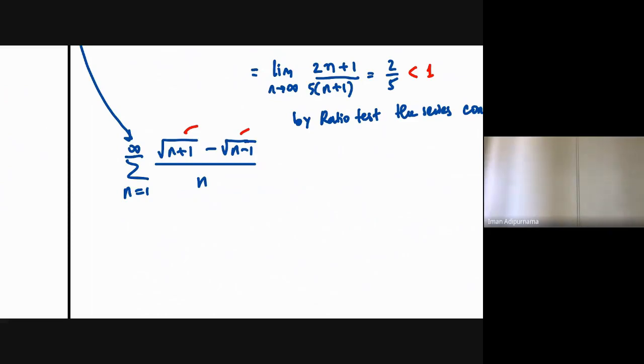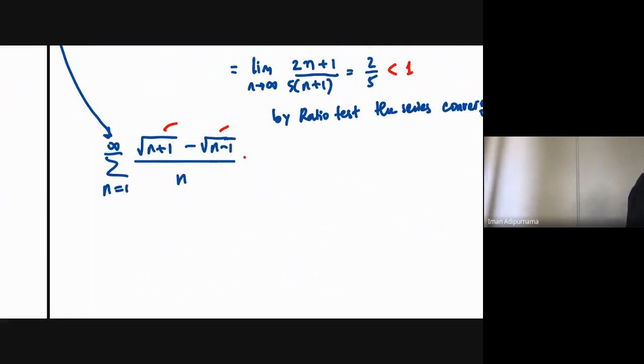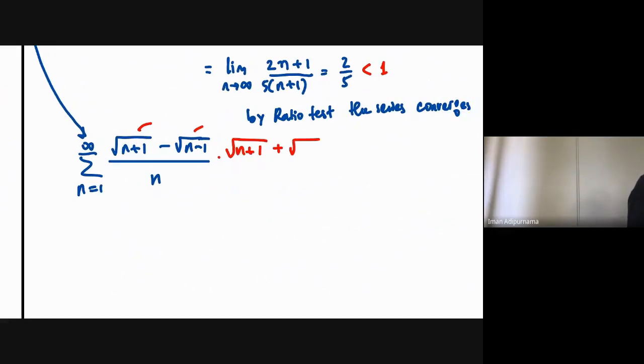But notice that we have a negative here. Can we try to rationalize this first? Multiply with this conjugate, positive by positive, and try to change the form. And let's see the form. So the idea is to try to rearrange the formula by rationalizing the terms.